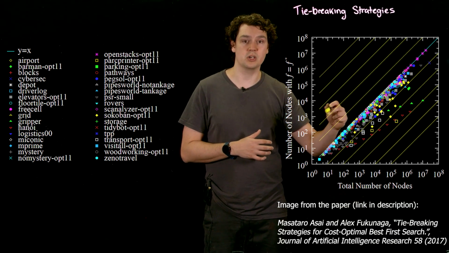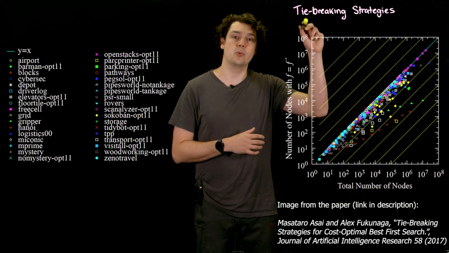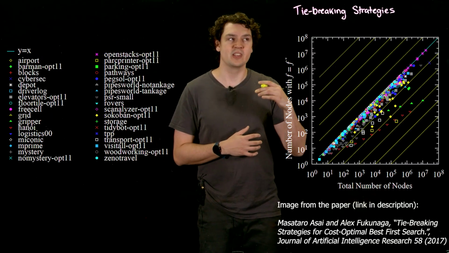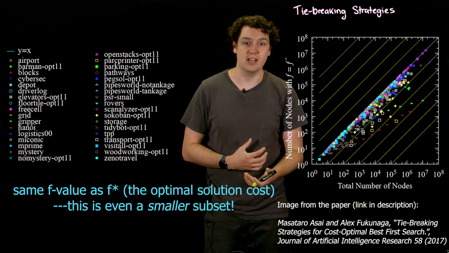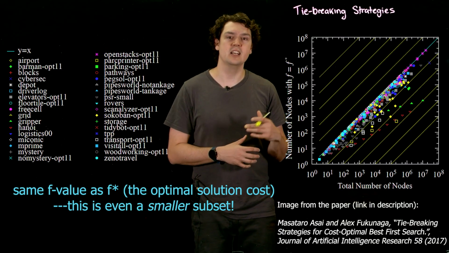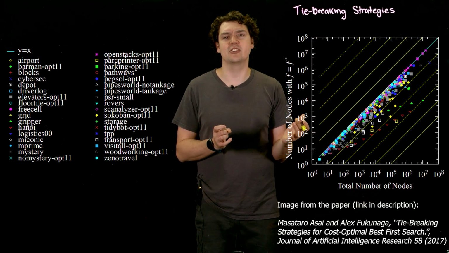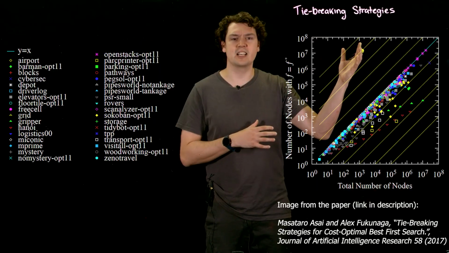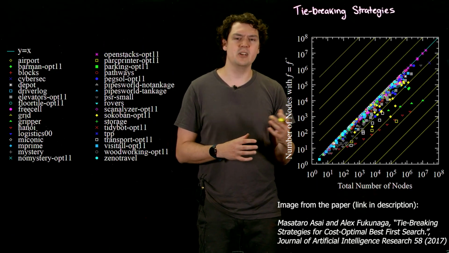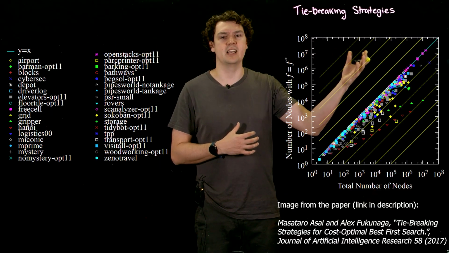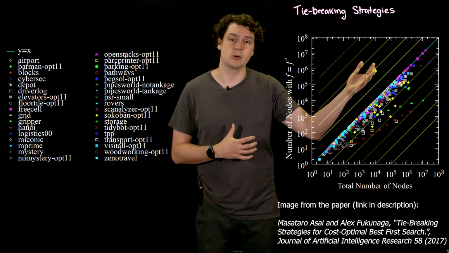So this is how much work was necessary. Then on the y-axis, we actually have the number of nodes that had the same f value. So we're trying to see, in all these problems, how many of the problems was tie-breaking actually influential in? How many of the nodes were ranked the same? How much was this actually an important aspect of solving the problem?